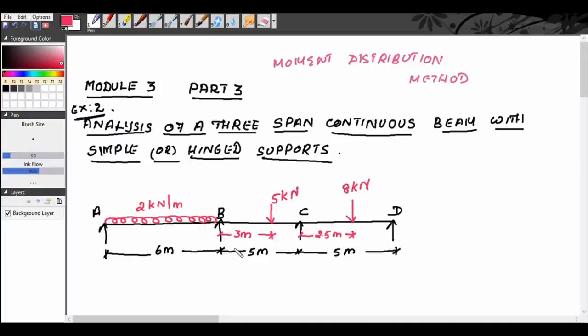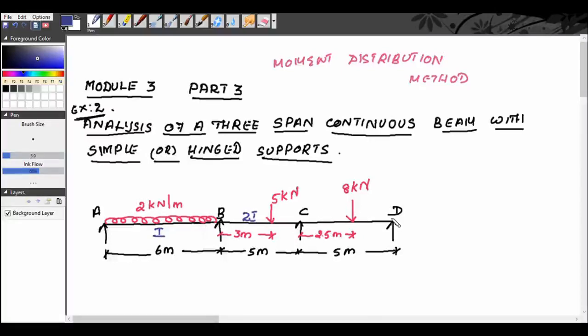Now, the properties, that is, the moment of inertia of the members. For the span AB, the moment of inertia is I. For the span BC, the moment of inertia is 2I.